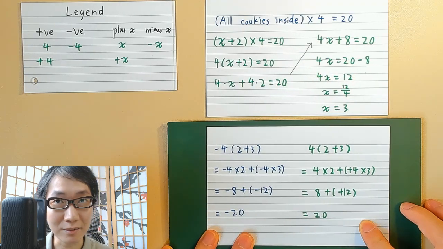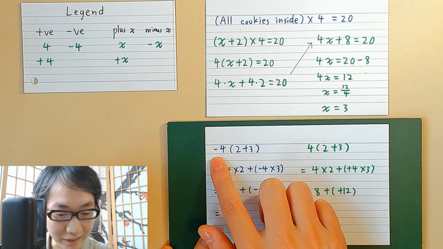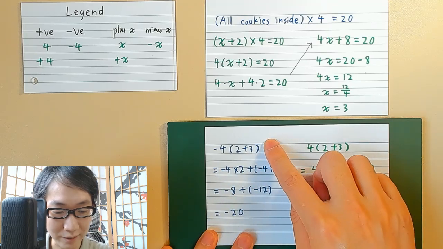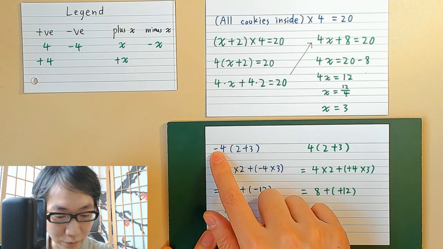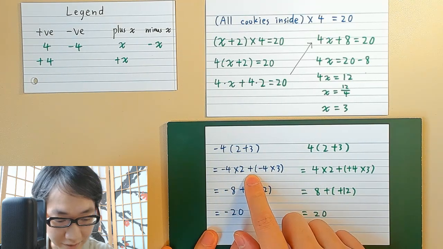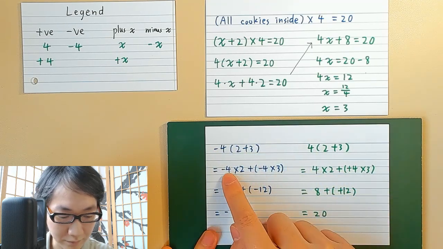And let's say in here, what if this is negative 4 times the bag? How to expand here then? So in here, we'll have negative 4 times positive 2 and negative 4 times positive 3.